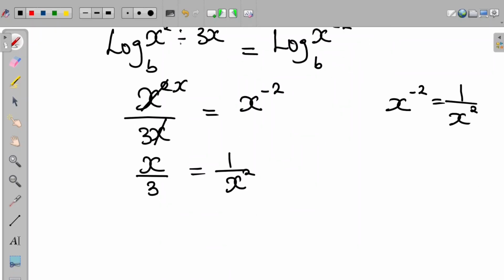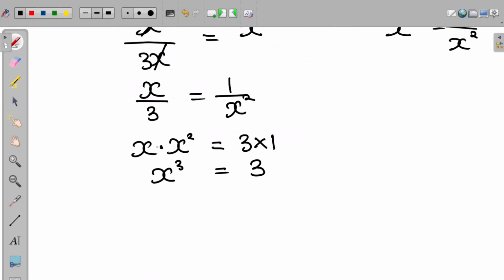If we cross multiply, this becomes x multiplied by x squared equals 3 multiplied by 1. So the left-hand side becomes x cubed equals 3. So to obtain the value of x, we can take the cube root of both sides. So if we do that, we have it that x is equal to the cube root of 3.